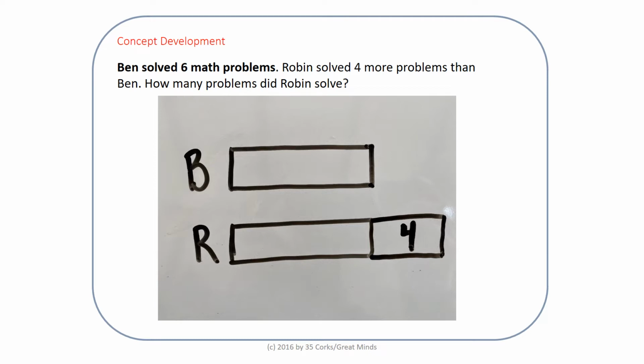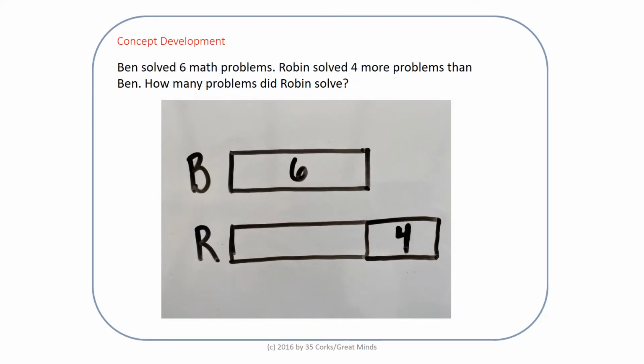Let's go back to our story and we're going to read the first sentence, the one that I put in bold. It says, Ben solved 6 math problems. What information can I add to my double tape diagram? Good, we can write 6 in Ben's tape.